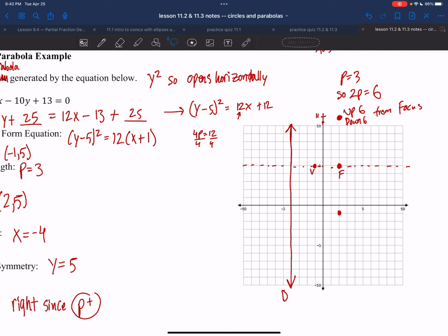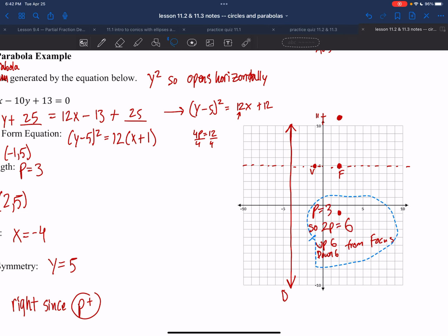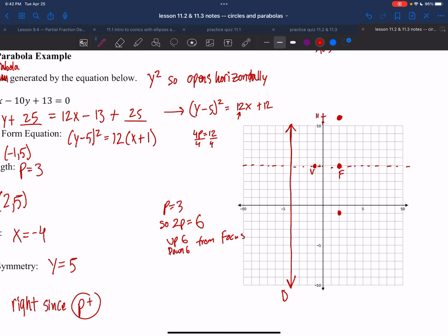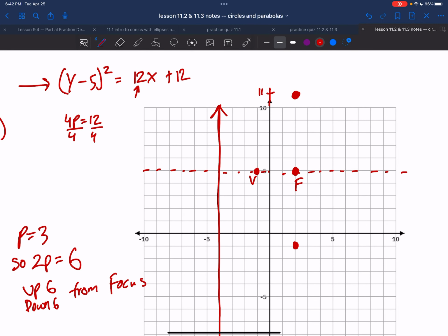Let's take this fella. Let's move you. I don't know. Here. That's fine. Okay. And now just try to do your best to draw a parabola. So I'm just going to kind of lightly do this.